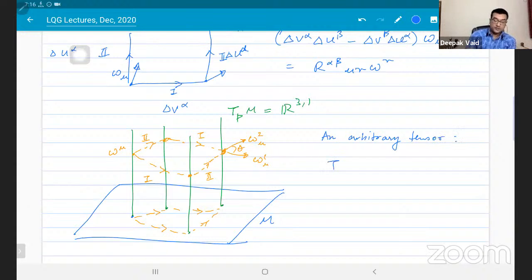So if I have an arbitrary tensor of type, let's say, (K,L), then this can be written as living in the tensor product of the tangent spaces and the tensor product of the cotangent spaces.